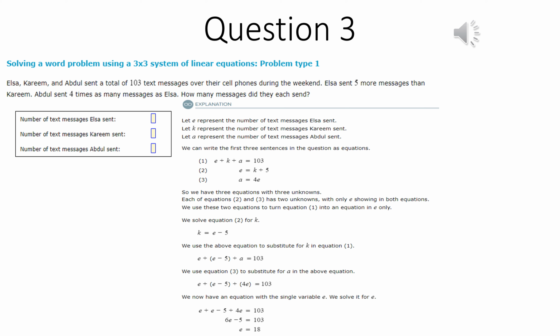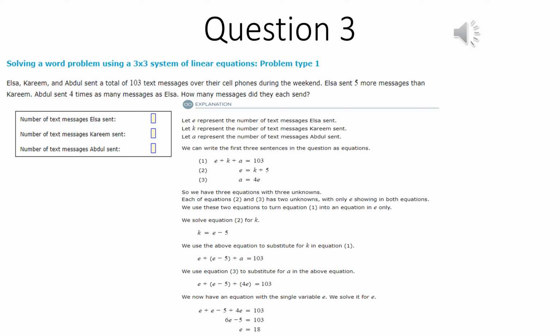Okay, this is a word problem. This problem is relatively easy. This problem says that Elsa, Karen, and Abdul sent a total of 103 text messages over their cell phones during the weekend.